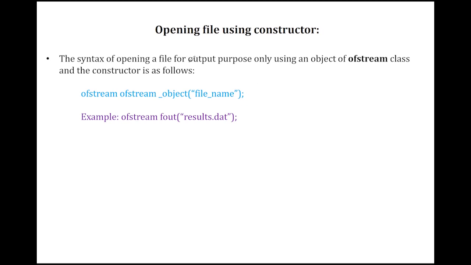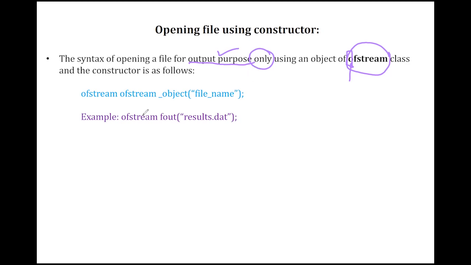So here I am looking at output purpose only, remember, using an object of the ofstream class. This we have learnt. Where is the ofstream class used? I have told you to remember this very first prefix. When it is O, it is nothing but output. When it is I, it is nothing but input. So when it is an ofstream class, we will be using it for output purpose only. That is the very important word here.